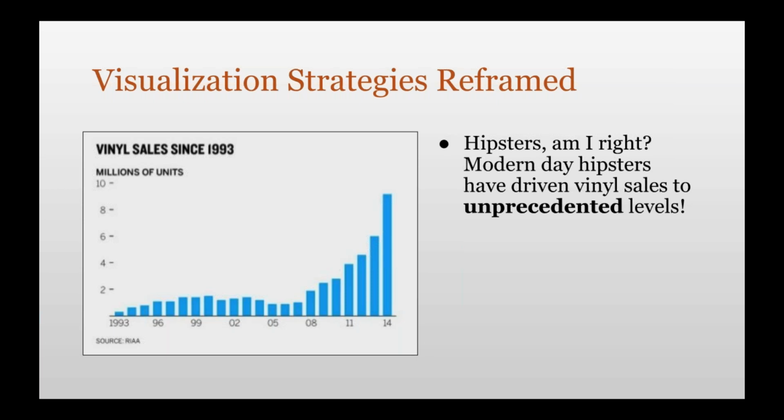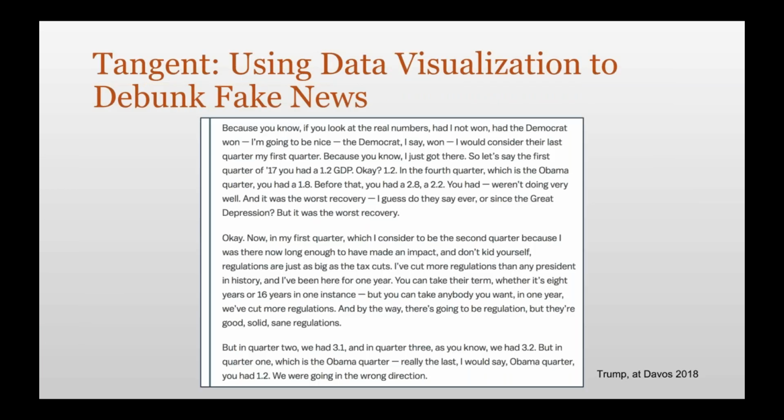So here we have a graph of vinyl sales since 1993, and the point I'm looking to communicate with something like this is hipsters just driving vinyl sales to unprecedented levels. We'll put a pin in this for a second, but I want to get into how communication applies to other examples.